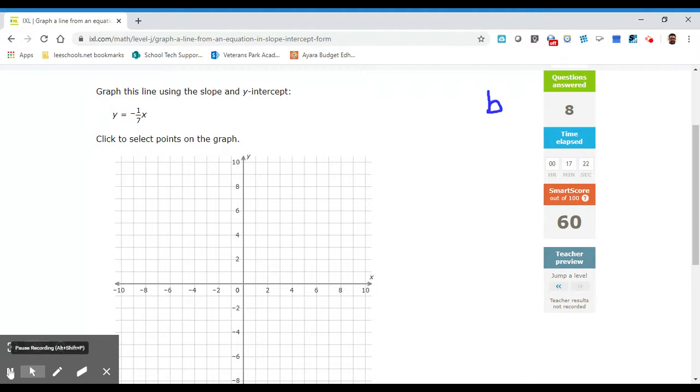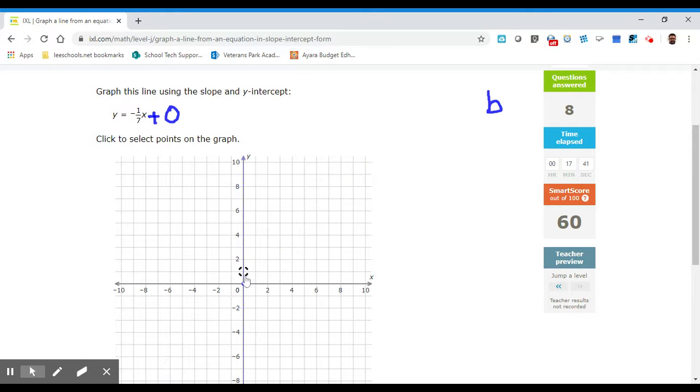Another way of thinking about it is your y-axis intercept, since it's not there, is 0. So it's right here, technically. So what you can do is just go ahead and click a point at 0, 0, the origin.